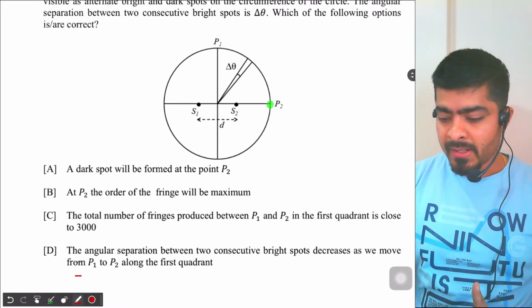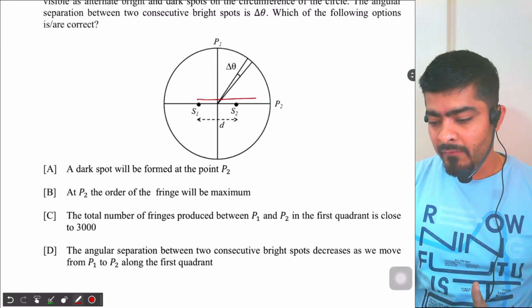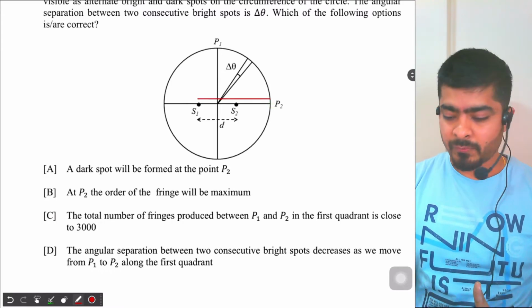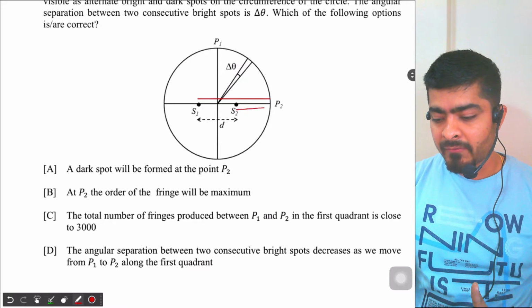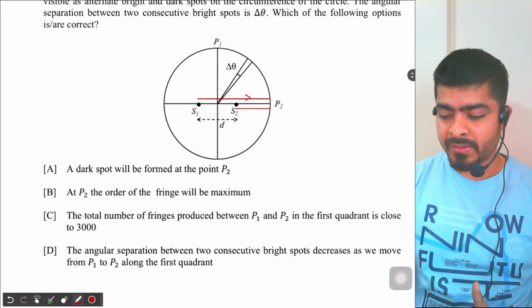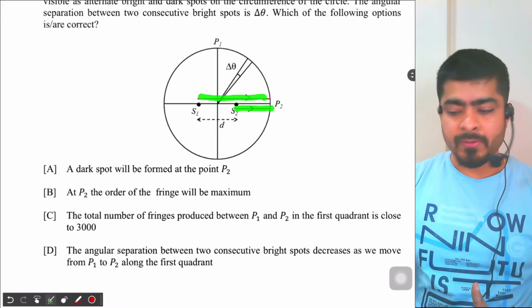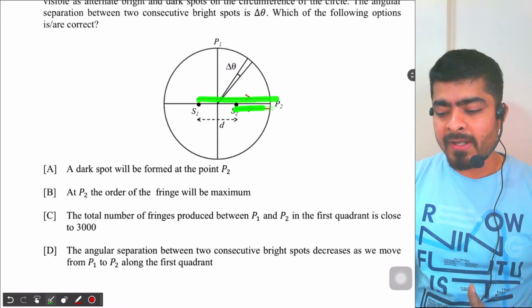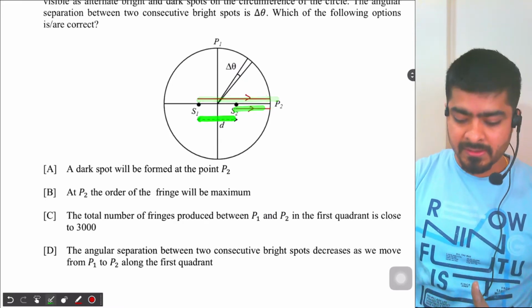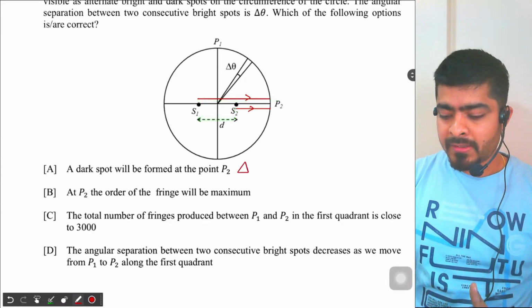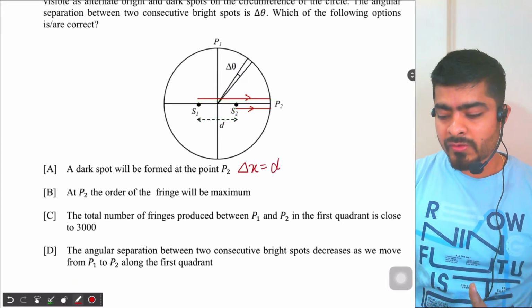Light from S1 is traveling this much distance to reach P2, while light from S2 is traveling this much distance. So we have to find the path difference between them. This length minus this length, so the path difference will be small d.